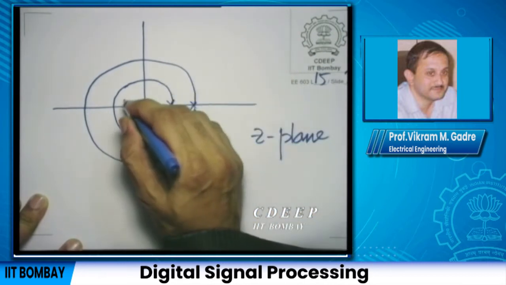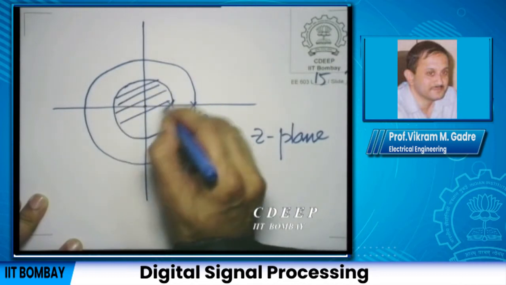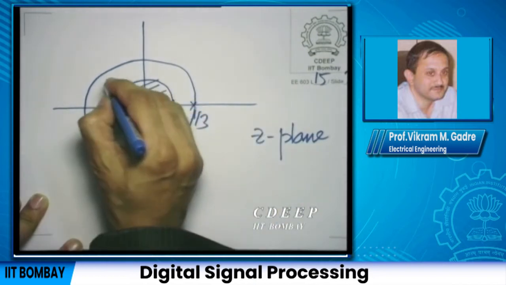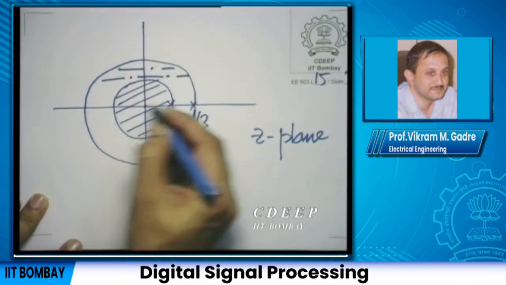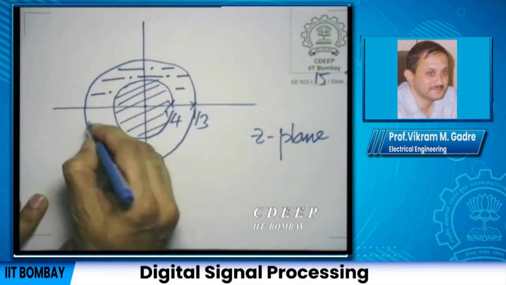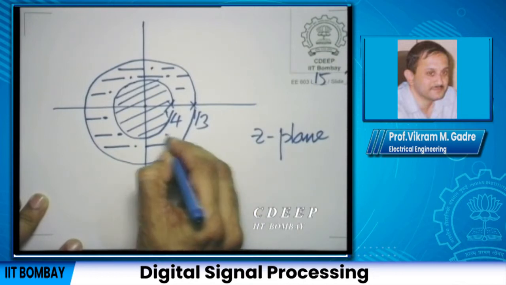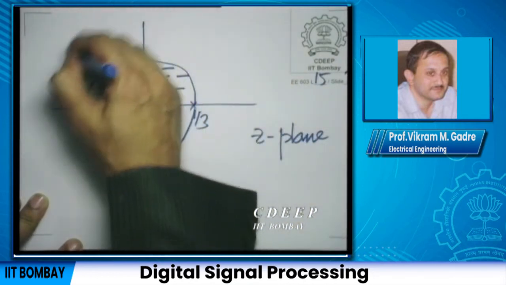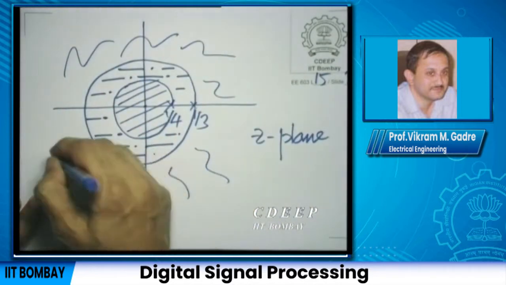Let us mark them with different shadings. So, we have one like this. This is one possible region of convergence. The other like this. And the third one like this. I am just marking it externally.